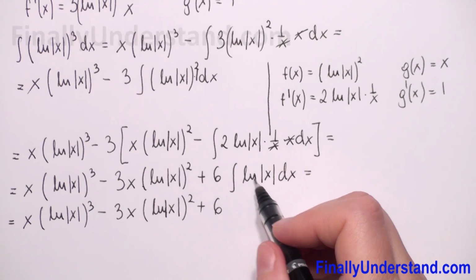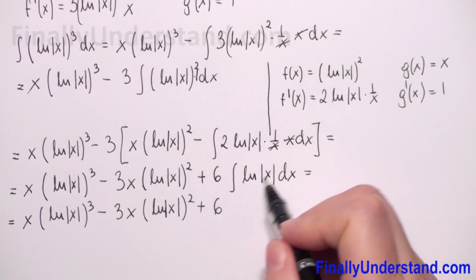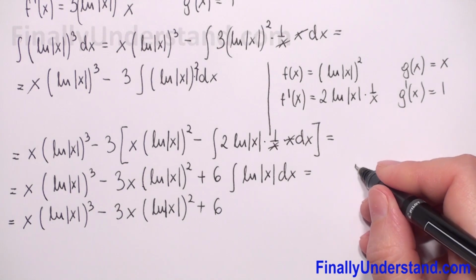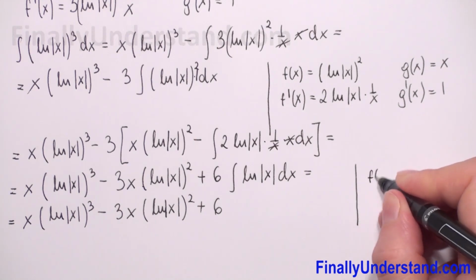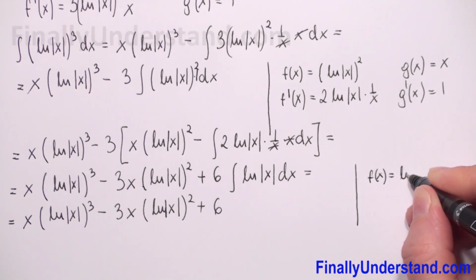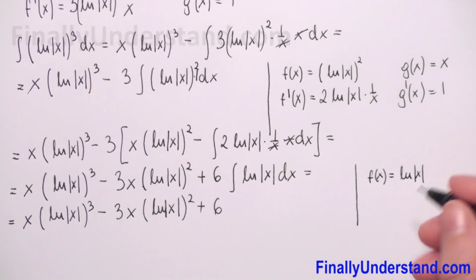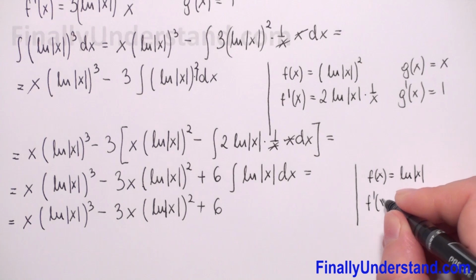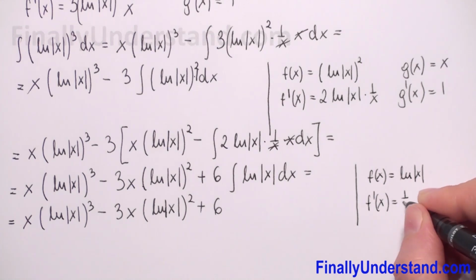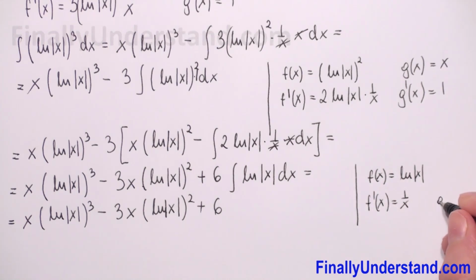So again we have to use the integration by parts formula. Again we will put f of x is equal to the natural logarithm of the absolute value of x. F prime of x is equal to 1 over x. G prime of x is equal to 1. So g is equal to x.